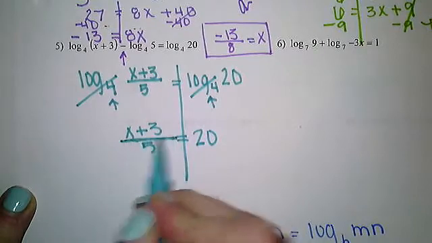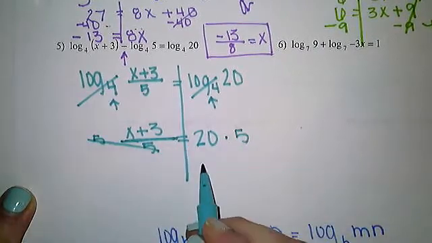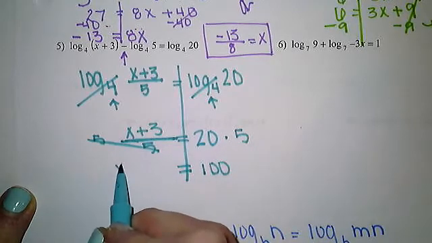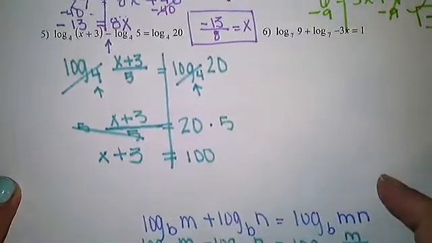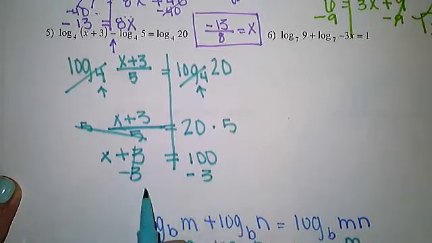Since all of this is being divided, we're going to multiply first. And that's 100, 20 times 5. The 5 cancels out over here, leaving me with x plus 3. Take away the 3, and I have x is 97.